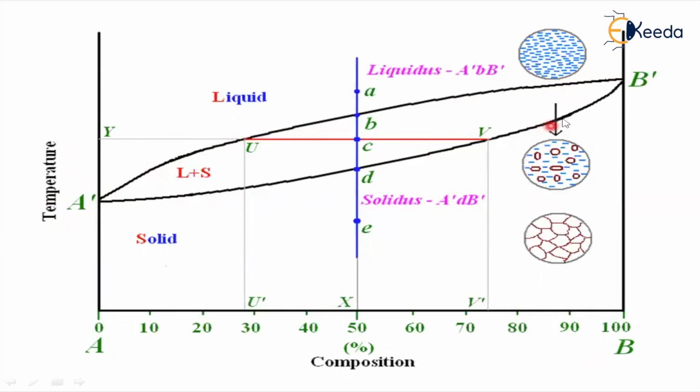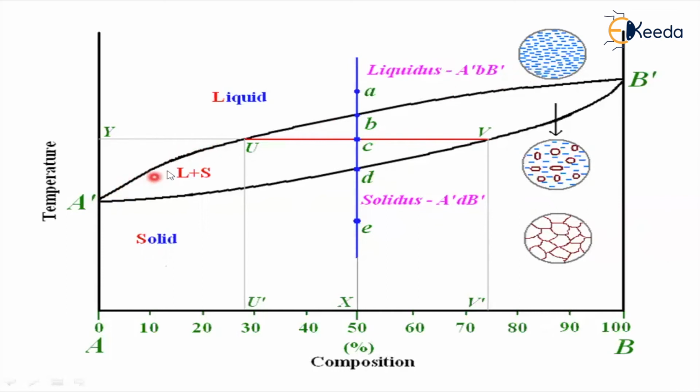You will get the curve like this, and this curve represents three regions here. This is the first region, which is represented as the liquid, and you can see in the image that this particular area shows the liquid.